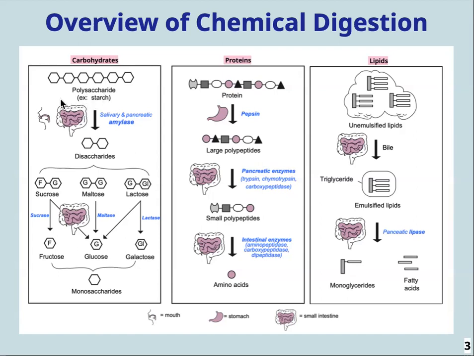Back to this polysaccharide in the form of starch, it is acted upon by salivary and pancreatic amylase. So we have amylase to break polysaccharide down into disaccharides, which consist of two monomers linked together.